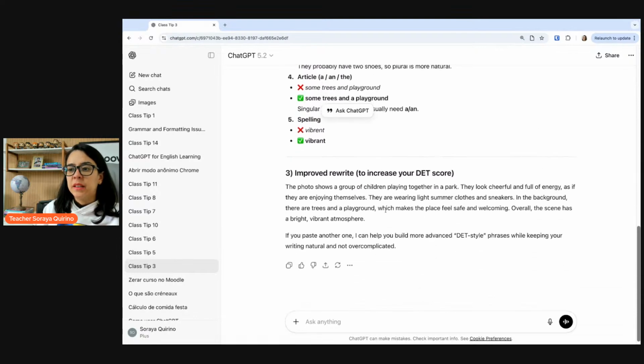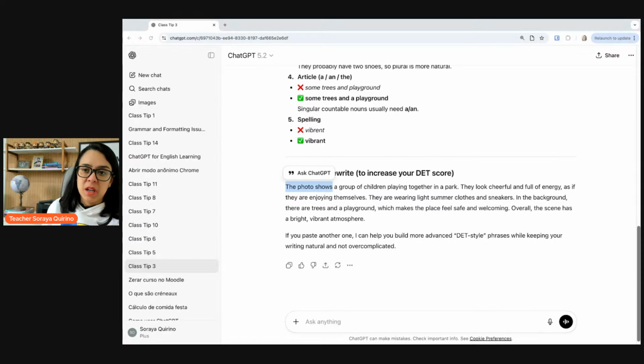And then it rewrote the task for me. However, because I didn't provide a model answer, it wrote "the photo shows," and I have already told you, don't use "the photo shows," don't use "the picture shows," use "the image depicts," because the verb to depict is a C2 level verb, and this is going to contribute considerably to your score.